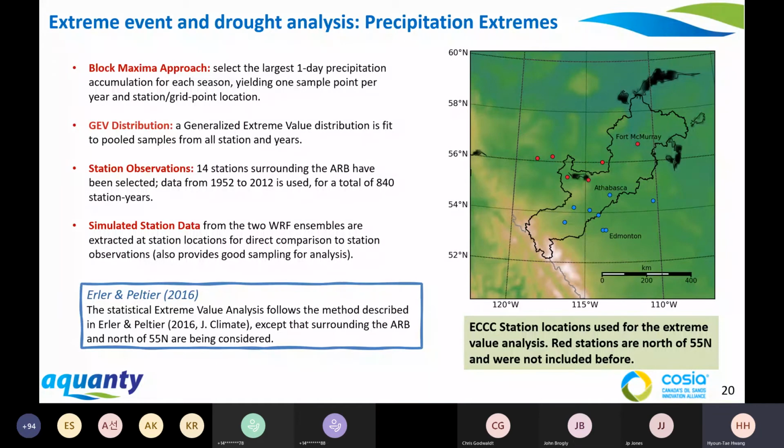So we closely look at the mining area for what happens with climate extremes in the future. We use a total of 14 stations, as you can see in this figure. Next, please.